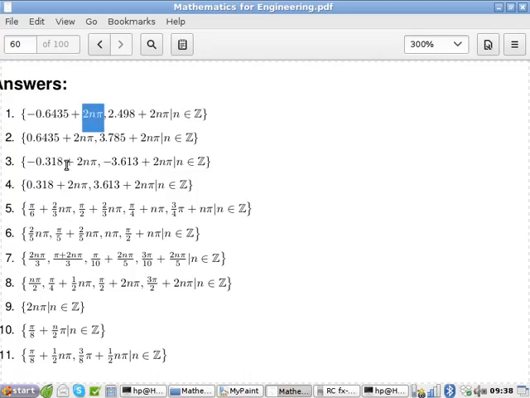That just means keep adding 2 pi to make as many answers as you want. So really what you care about is getting this number and this number, because these are the 2 answers, and you can just keep adding 2 pi to make more answers, as many as you need.